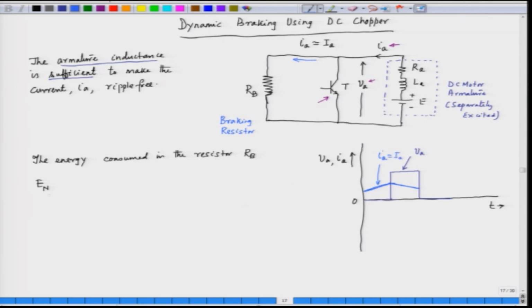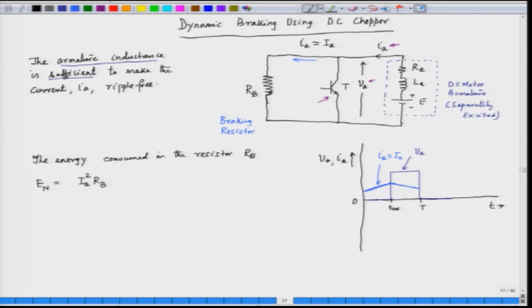So, the energy consumed in the resistor is Ia square into Rb. The loss is Ia square into Rb, and this is present for what time? We can say that this is T on, and this is capital T.